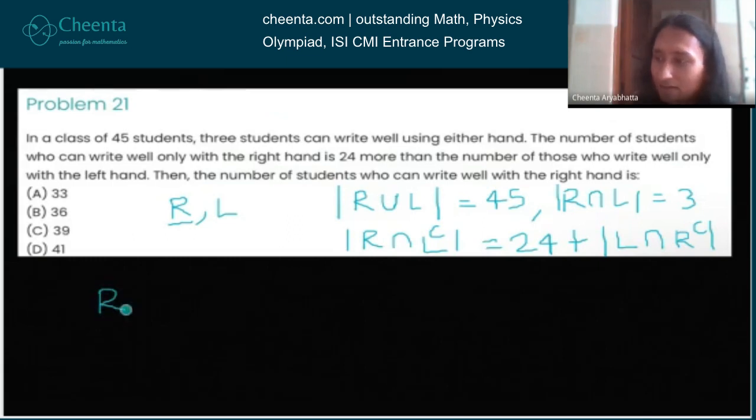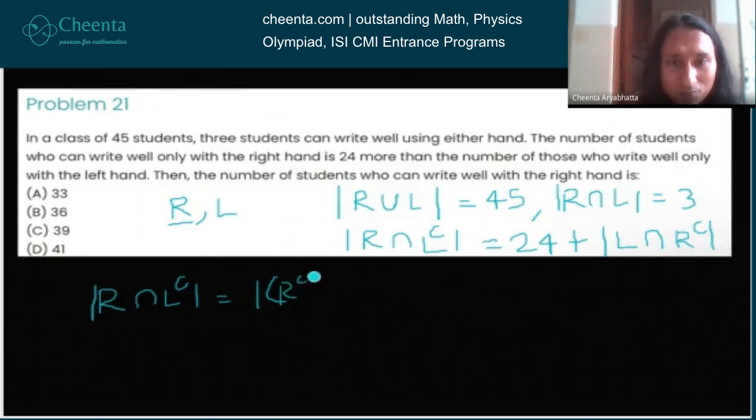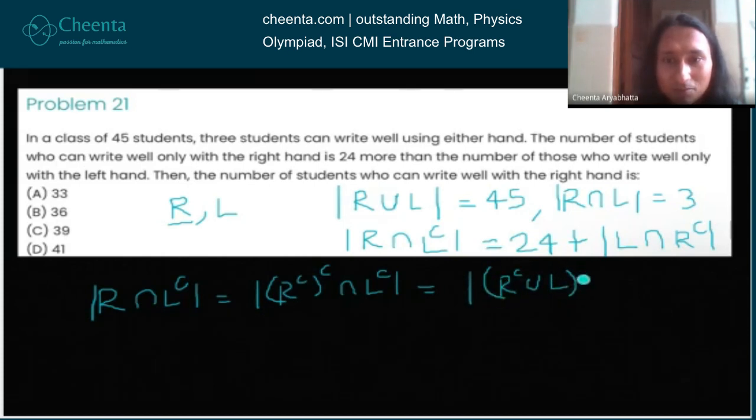Now R intersection L complement is equal to R intersection (R complement union L) whole complement, which is 45 minus the cardinality of R complement union L. I'm not saying cardinality many times.